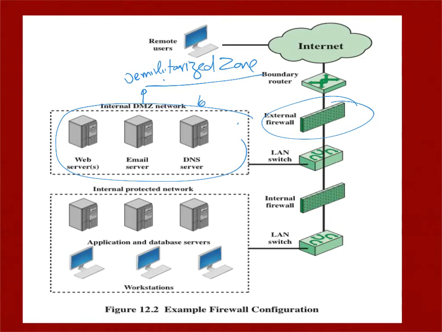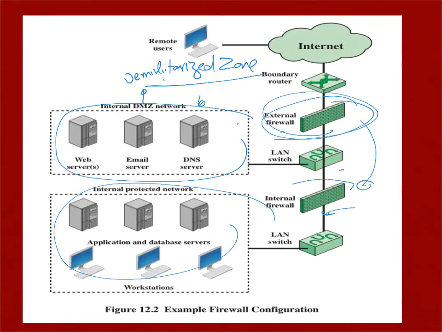But of course, you have other parts of the network which are the internal protected network. These are not the demilitarized zone. This is a militarized zone. It should be highly protected. These are internal assets which should not be accessible from outside. So in that case, we put two levels of firewalls: an external firewall and an internal firewall.